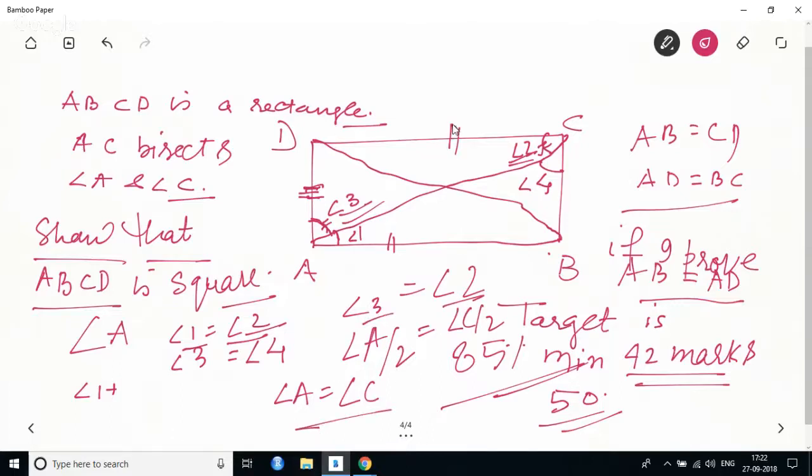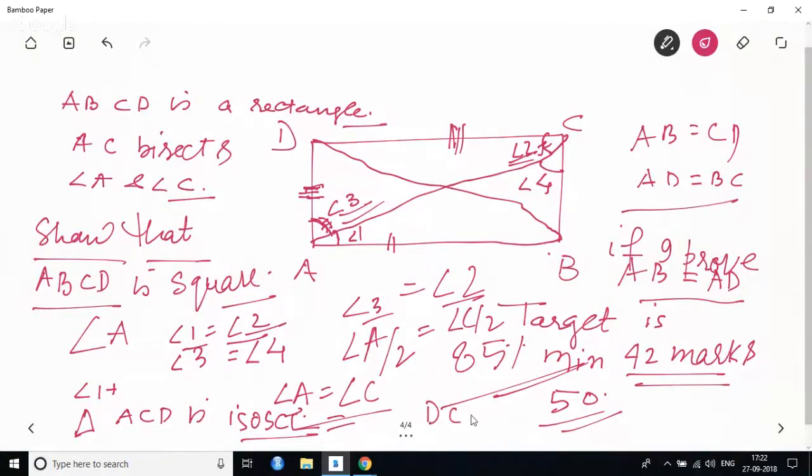And what does that do? That tells me that triangle ACD is isosceles. As simple as that. So if it is isosceles, then sides opposite to equal angles would be equal. What is the side opposite to angle 3?